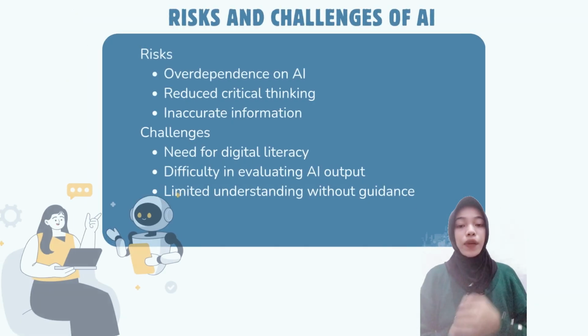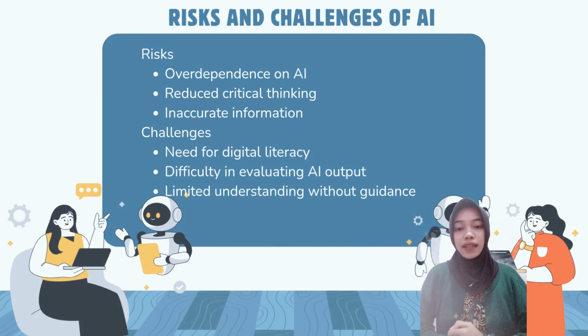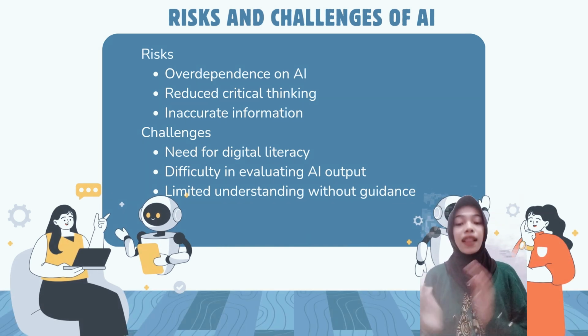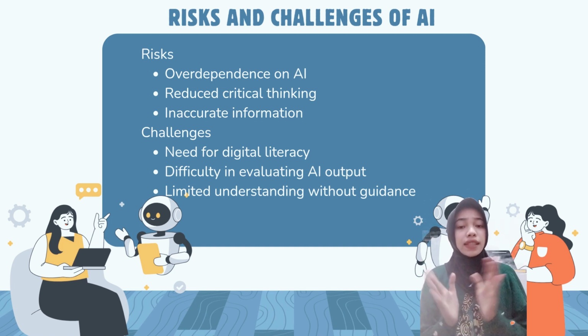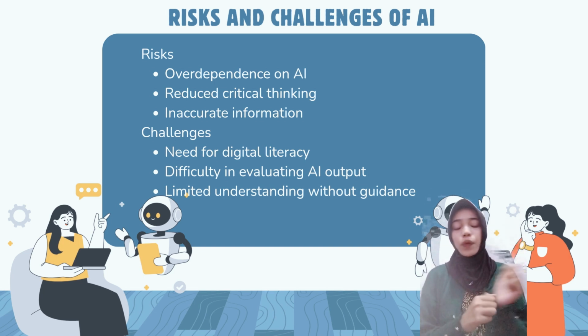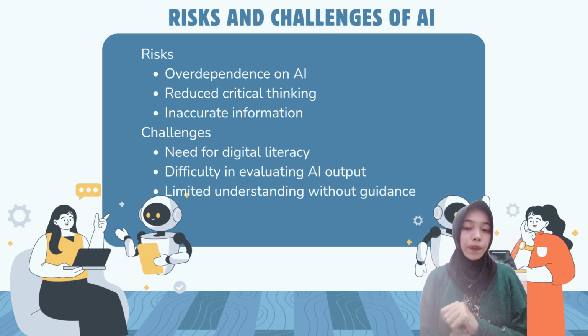Okay, next, I will explain the risks and challenges of using AI in learning English. First, one of the risks is over-dependence on AI. Students may rely too much on AI and not try to think by themselves. Second, the use of AI can reduce critical thinking skills. This happens when students directly accept the answer without checking or analyzing it. Another risk is inaccurate information.